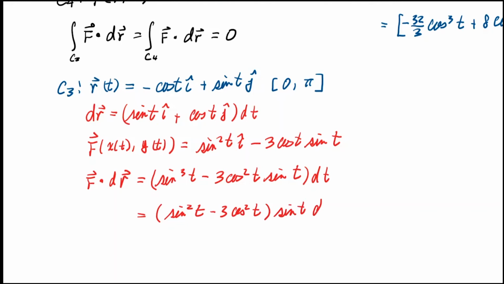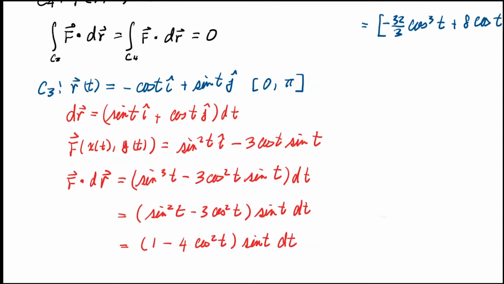This is a better way of integrating: you simplify everything to death. Convert sine squared t to 1 minus cosine squared t, and then with the 3 cosine squared t, we have 1 minus 4 cosine squared t, sine t dt. You with me?